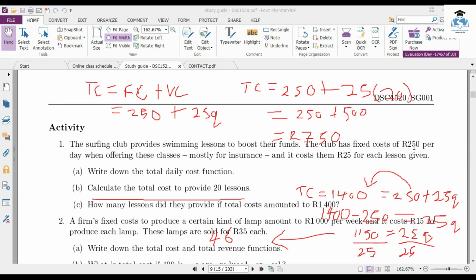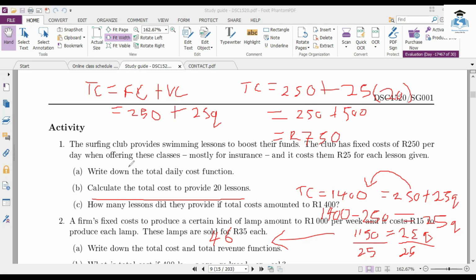Yes. And then the 250 plus 25Q, the 25Q is our variable cost. Okay, sorry, I was lost there, so now I can see that I made a mistake. Okay, thank you. We can continue.